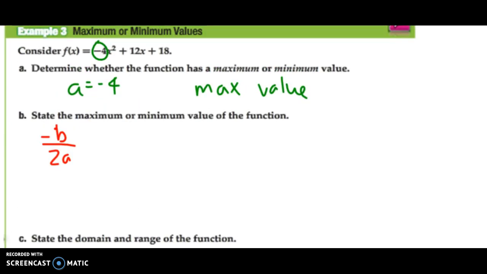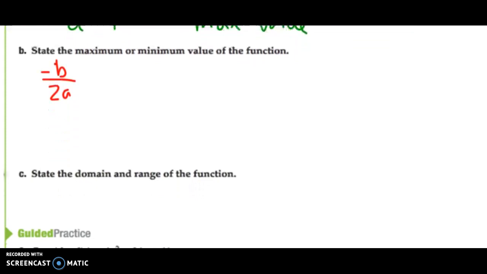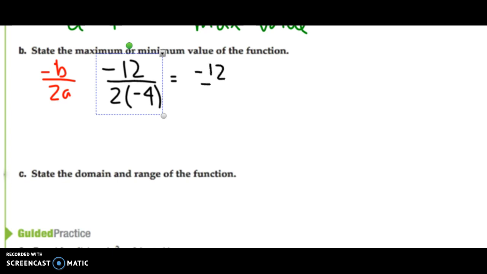So in our case, b is 12, so -12 over 2 times -4. So when that's the case, we get -12 over -8, which in turn is a positive 1.5.